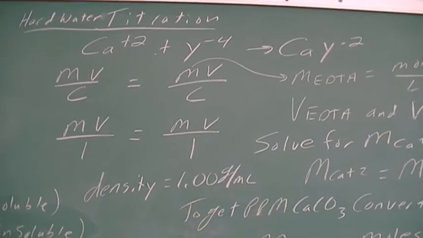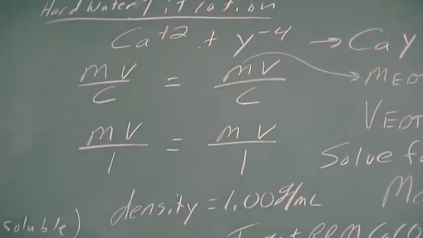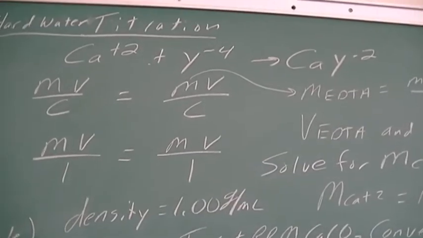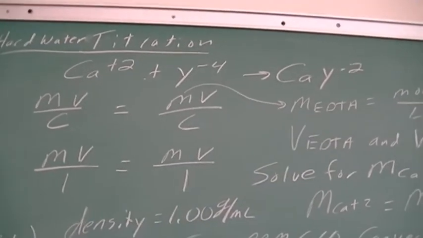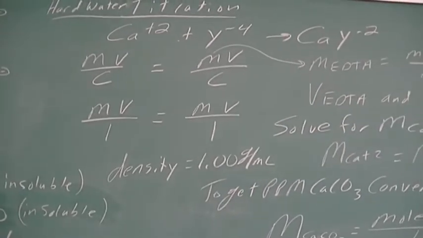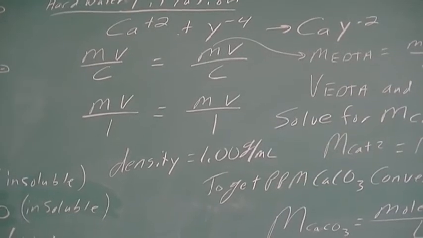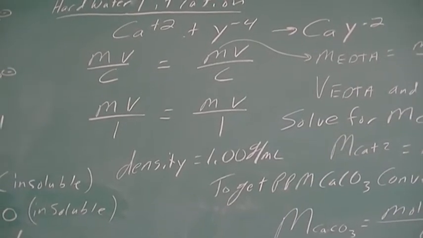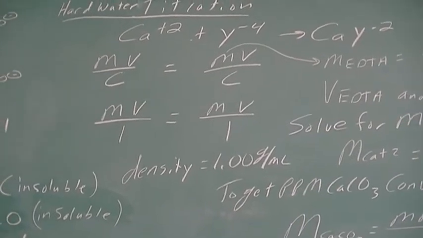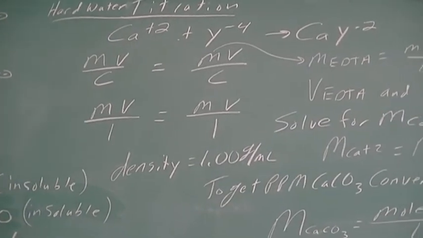It's a complex ion, all right. And so our titration equation, MV over C equals MV over C. You notice in the balanced chemical reaction that both coefficients are 1. And so our molarity times volume of our water, which is where we get our hardness, calcium plus 2, is equal to the molarity times the volume of our EDTA.